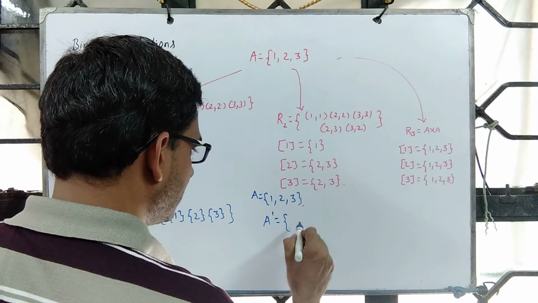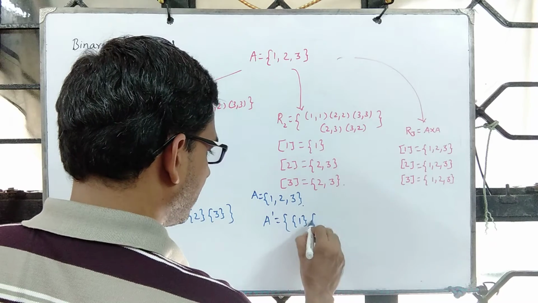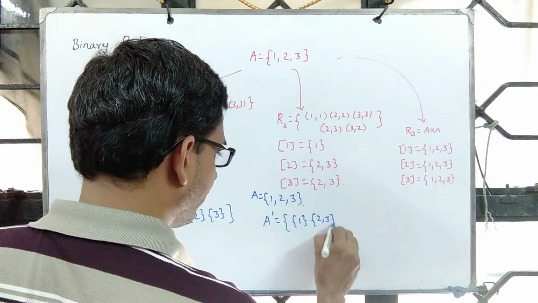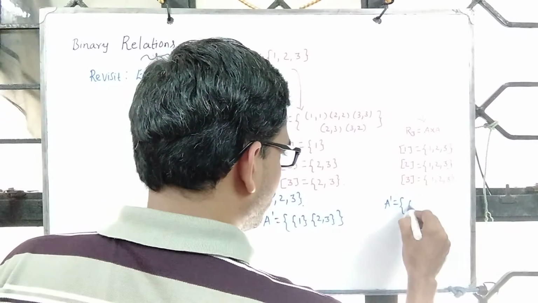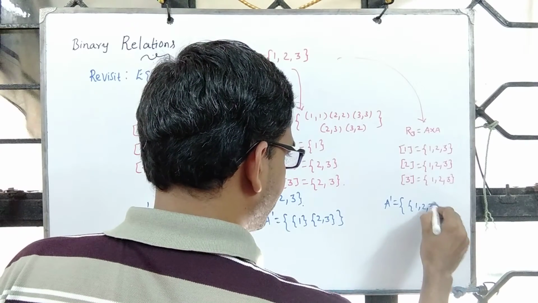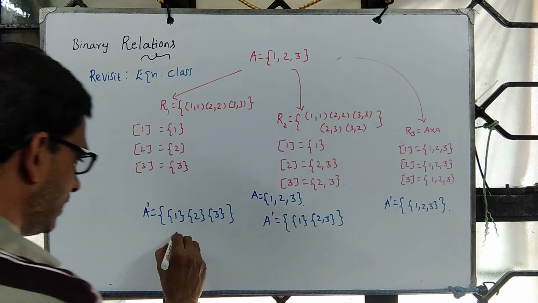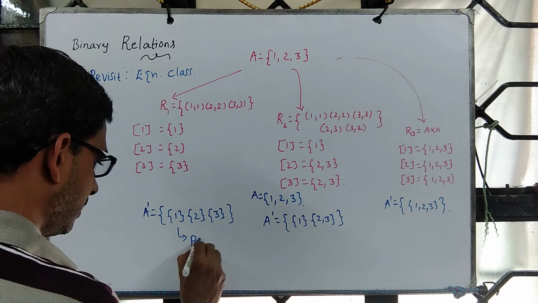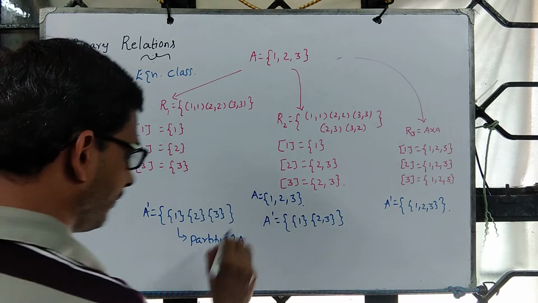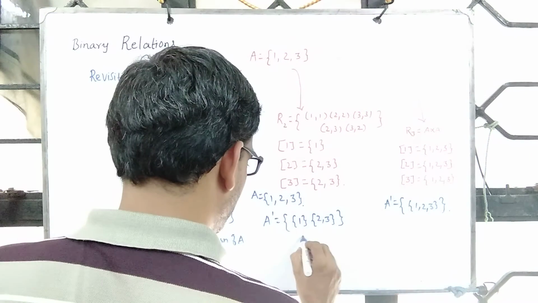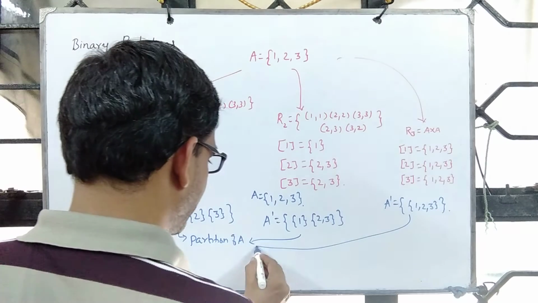And this one is trying to represent {1} and then {2, 3}. Over here, A prime is trying to represent A like this. So what is this? This one is a partition of A. This one is also a partition of A. This one is also a partition of A.